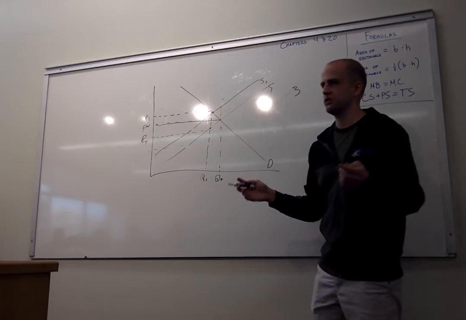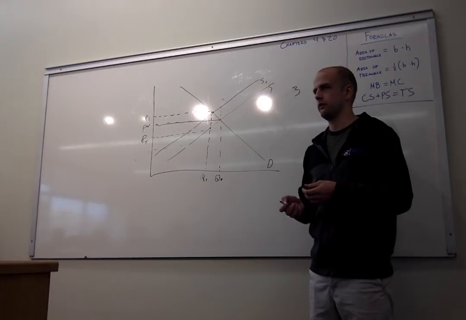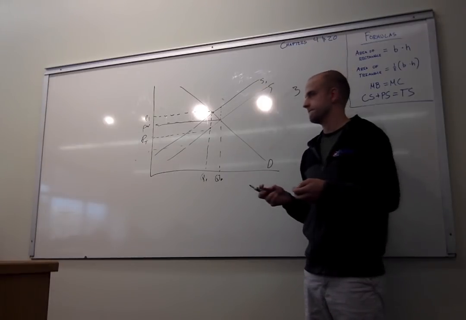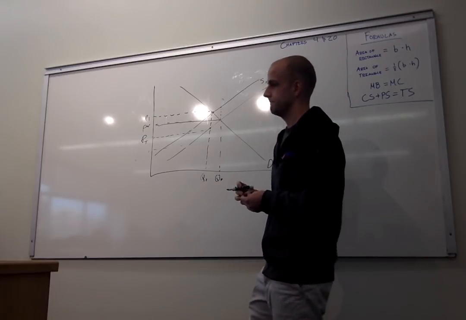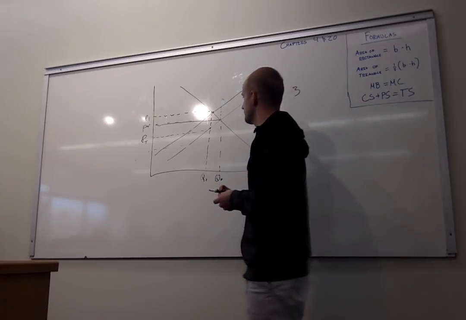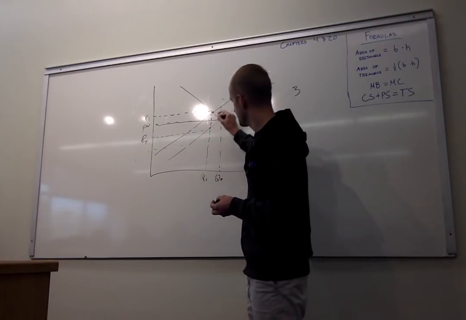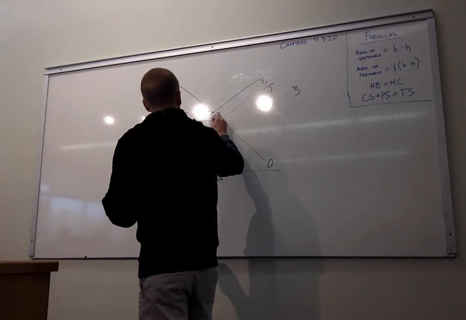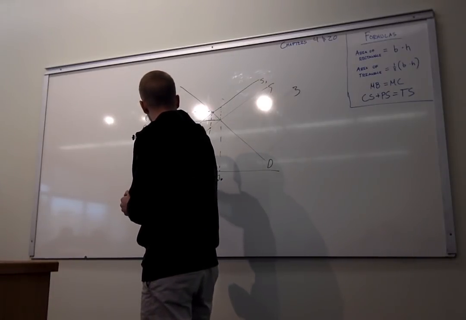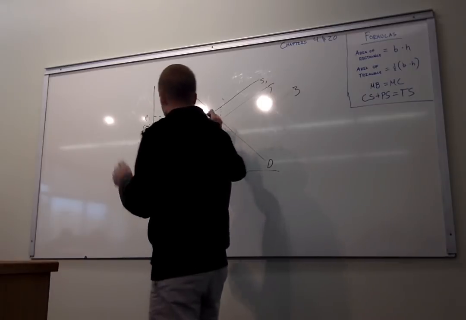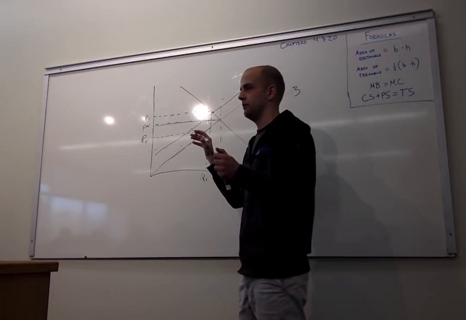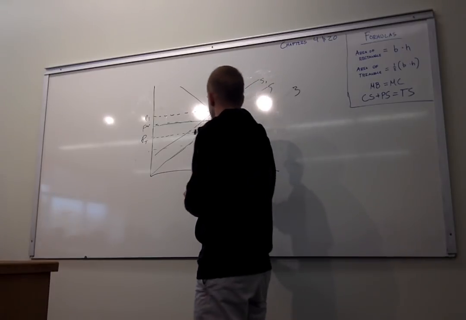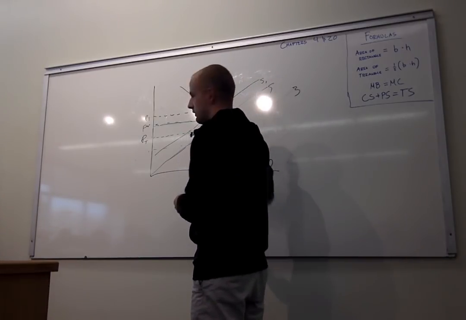So now, what's the new producer surplus? The new producer surplus is that area minus that little tiny triangle. You're saying we had this whole triangle first, minus the triangle where the Q1 dotted line goes up?